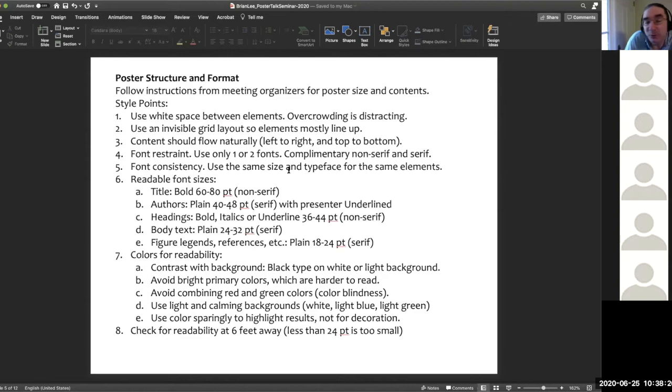For your title, it's a good idea to put the title in bold. It's usually not a good idea to capitalize all letters in your title. Some meetings might actually require you to do that, but it's a little bit awkward. So if you don't have to do that, don't do that. You want to use just a normal title case.